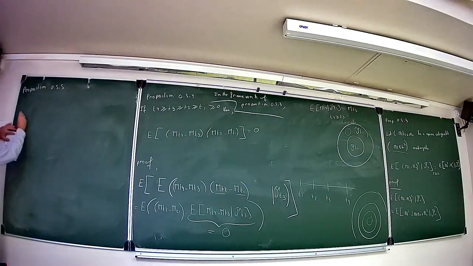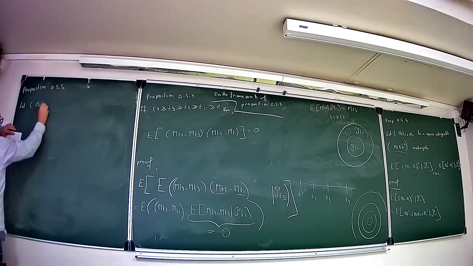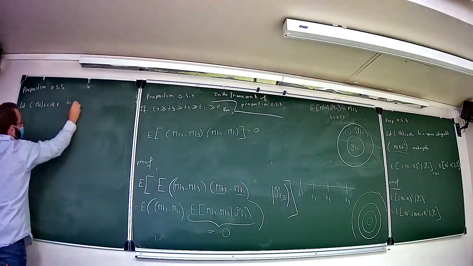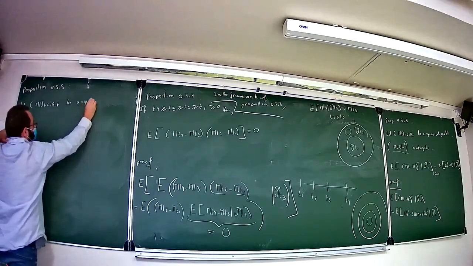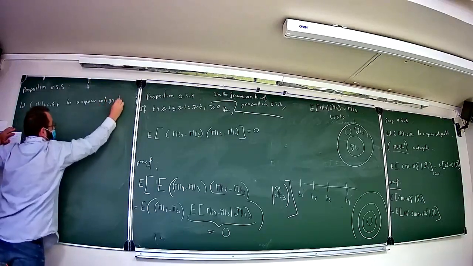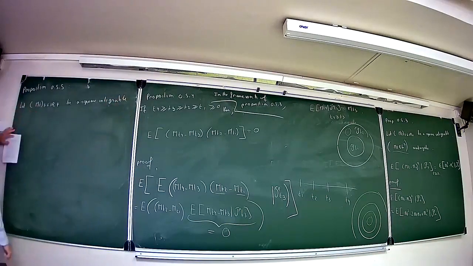Let MT, T belonging to R plus, be a square integrable martingale, meaning that both preceding propositions can be used.